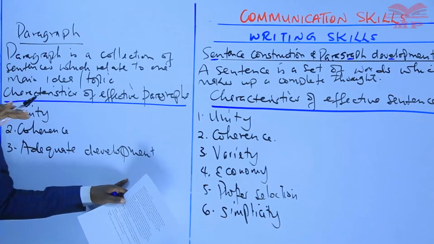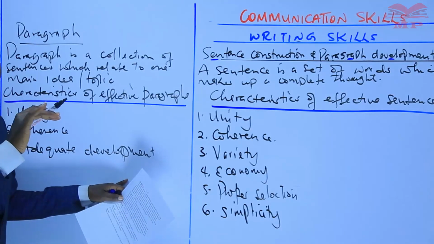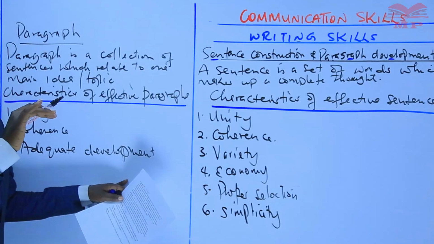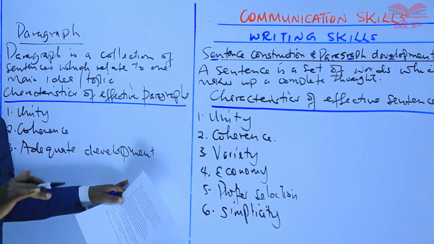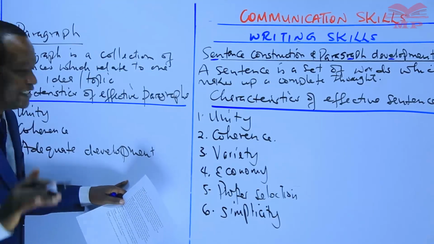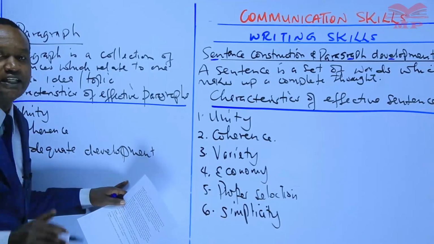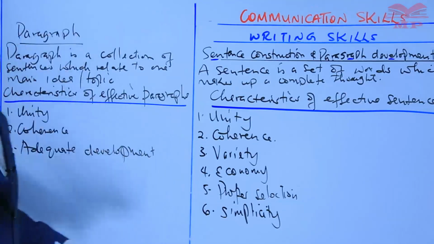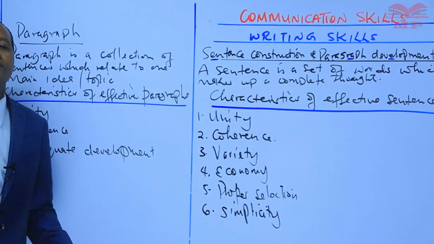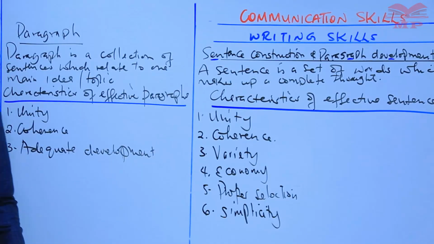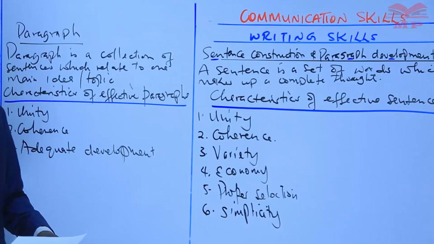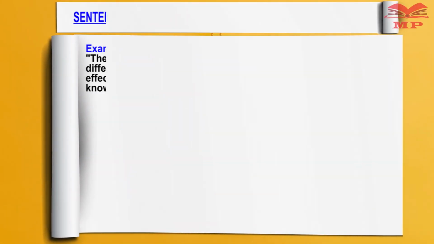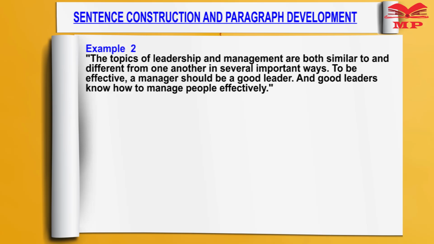And a good rule of thumb to follow, candidates, is to make sure that a paragraph contains at least 4 sentences which explain and elaborate on the topic sentence. I have an example here for you to help us understand that point. And I read this paragraph.